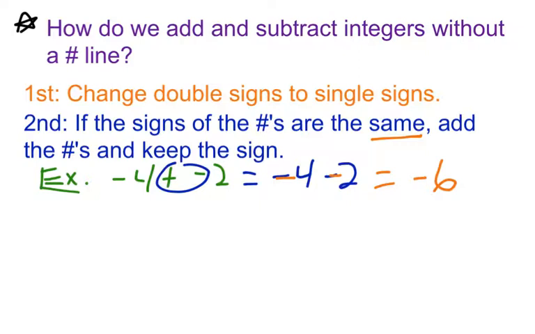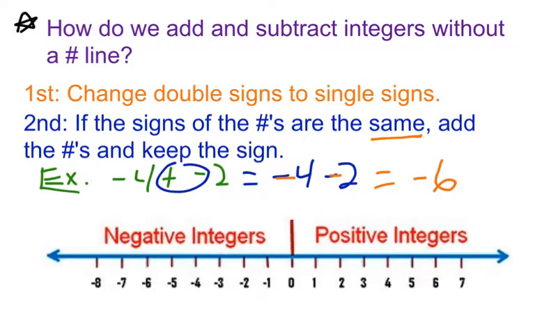All right, now I'm going to show you on the number line how that works and how you can see it visually. So here we're starting at -4 and then we're going in the negative direction 2. So think of it like this. We're already a negative number and we're going in the negative direction. So since we're going in the same direction as what we already are, a negative number, that's why we just make it more negative or add it on to make it more negative.